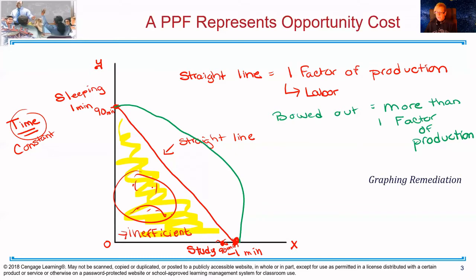We don't want that to happen. Anything on the curve, the points I'm adding now, is good because it's efficient. You're producing some amount, or you're studying, or you're sleeping, right? Anything outside of the production possibilities frontier here and here, you can't get to right now. And why can't you get there? Because 90 minutes is all that we're allotted. We're not looking at 2 hours or 4 hours.